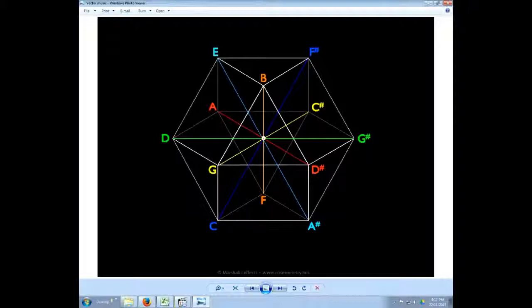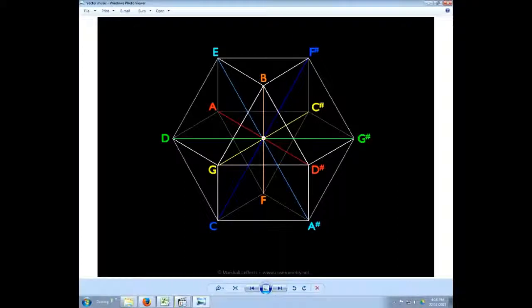As you can see here, we have the A, B, C, D, E, F, G, and then the G sharp, D sharp, A sharp, C sharp, F sharp.